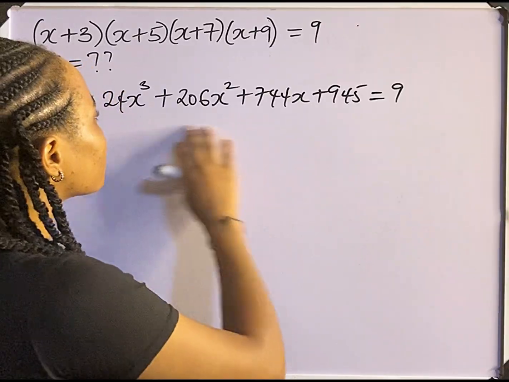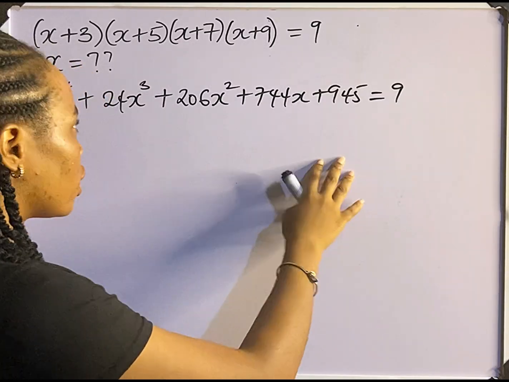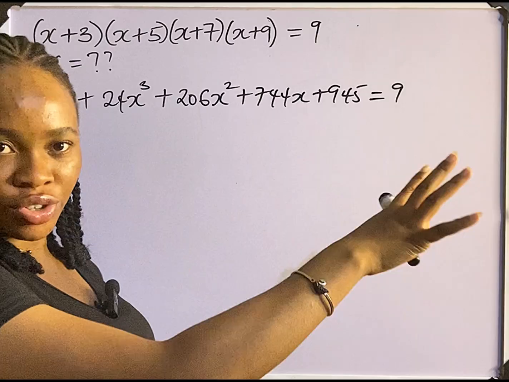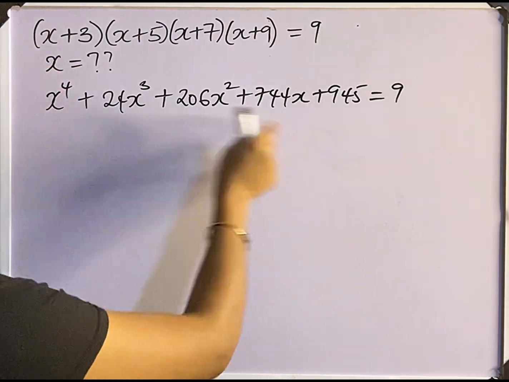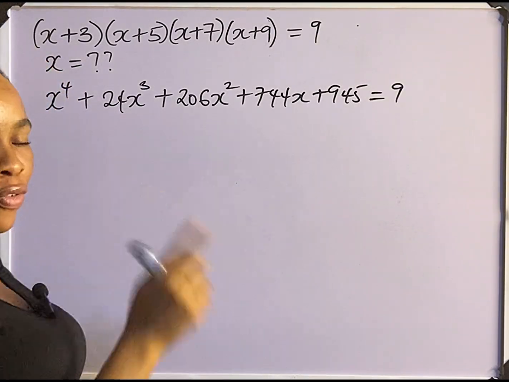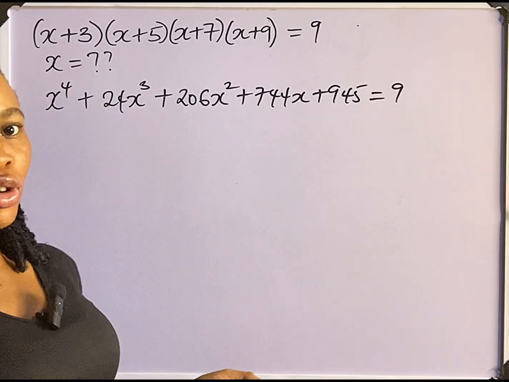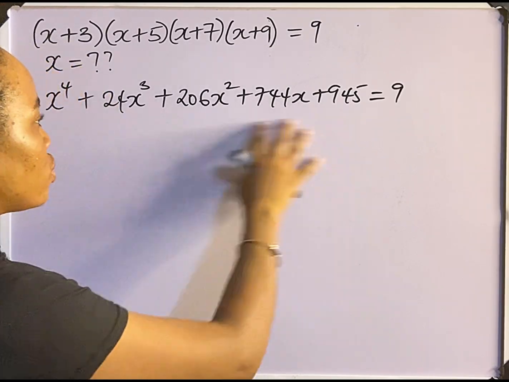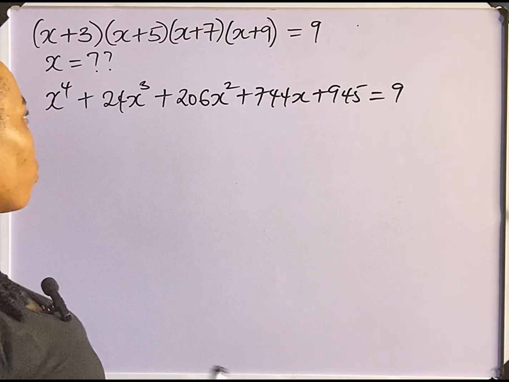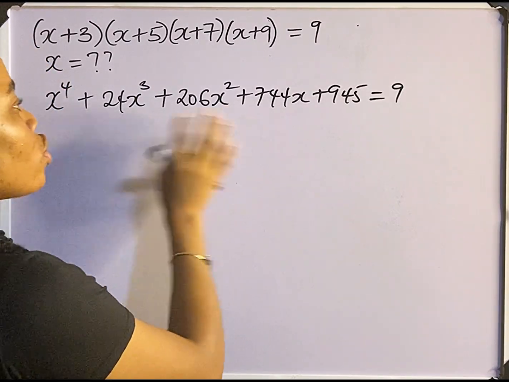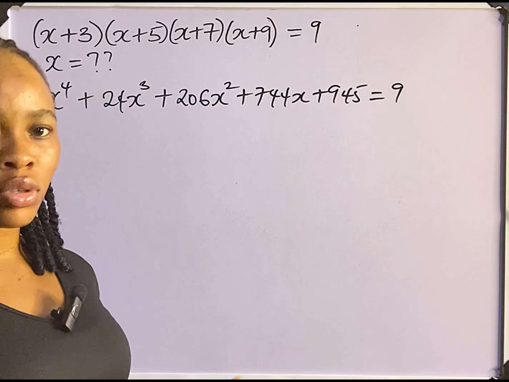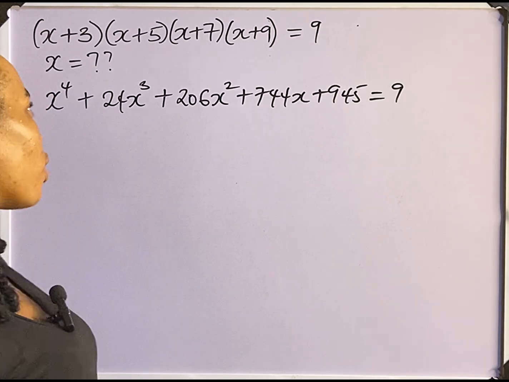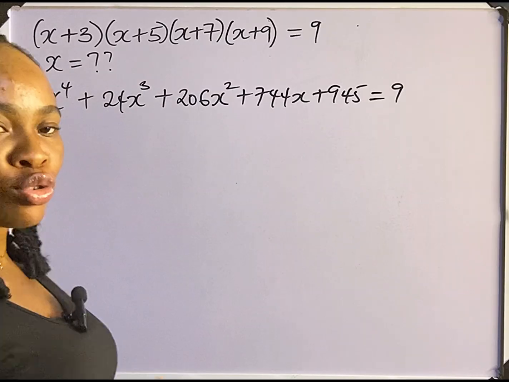This results in a quartic equation where the highest power of the unknown is 4, and solving it we are expected to have 4 roots. But solving this looks complicated, so rather we choose not to expand.